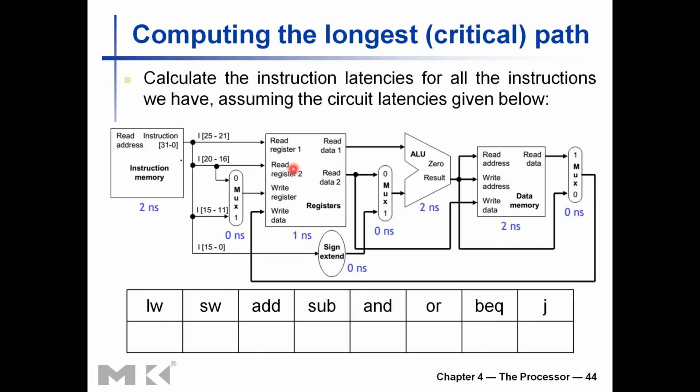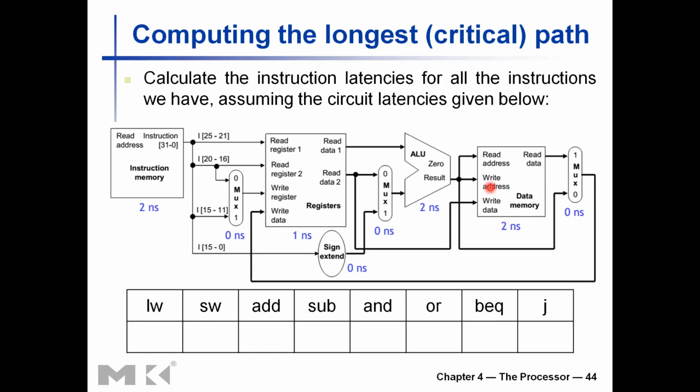So from the previous instruction, at the end of the clock cycle, we will start writing. It will take about 1 nanosecond to write to the registers. At that same clock edge, it will take about 2 nanoseconds to read the new instruction to come here. So by the time the new instruction's register addresses are here, the old values are already updated. So we should be fine. So make a note of that.